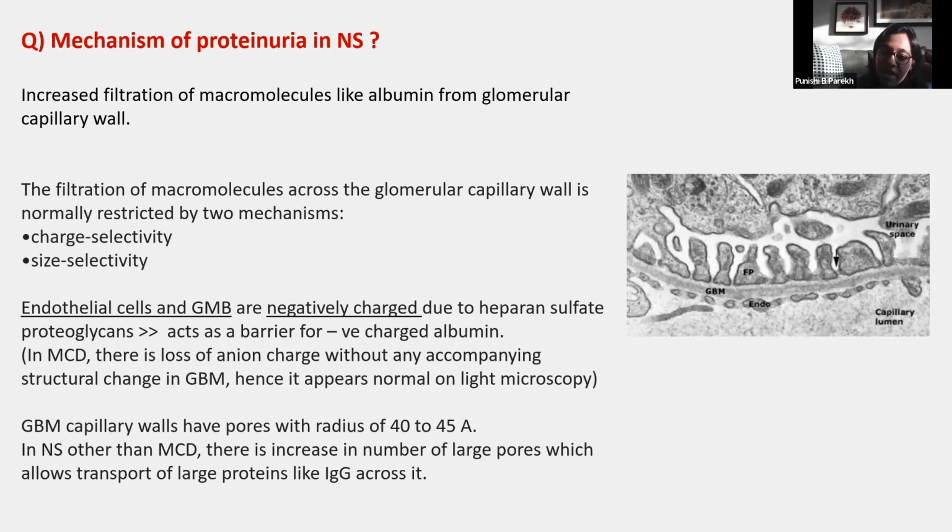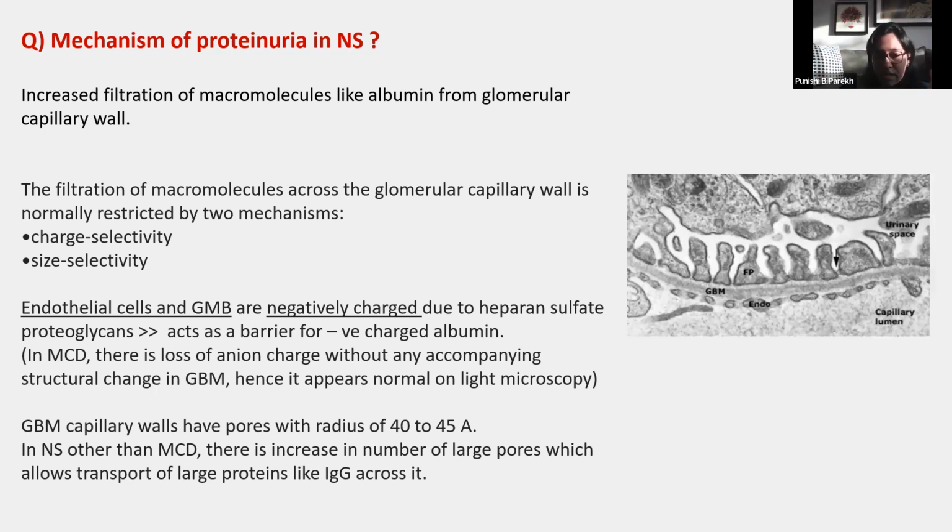When the size of these pores increases, it easily allows the macromolecules to travel from the capillary lumen into the urinary space and be excreted out in the urine. So these are the two main mechanisms as to how albumin is able to move across this glomerular capillary wall and be excreted in the urine.